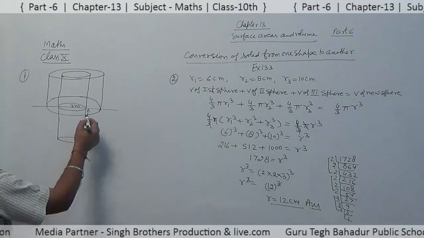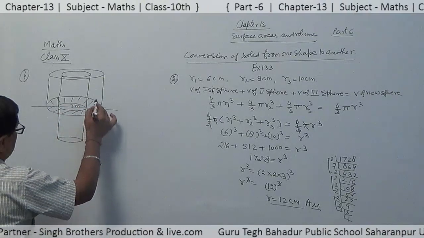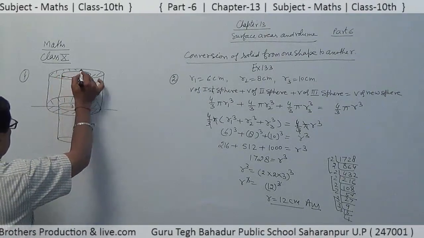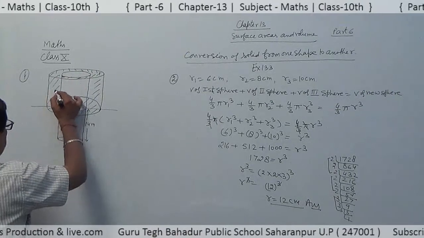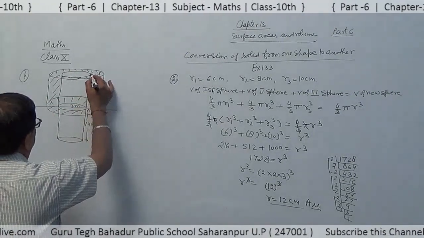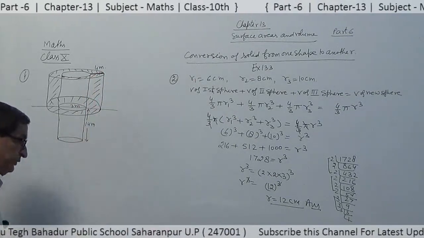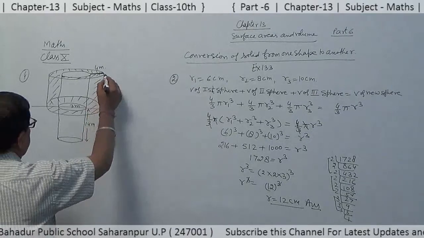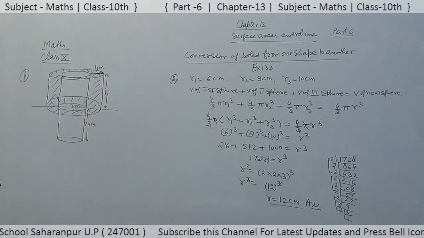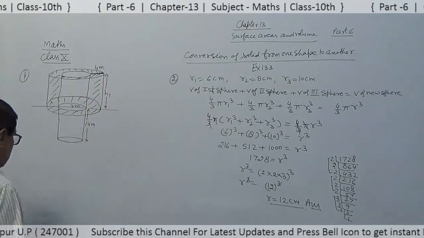The ring is 4 meter wide. So how much is the height of the embankment increased? This forms the embankment.